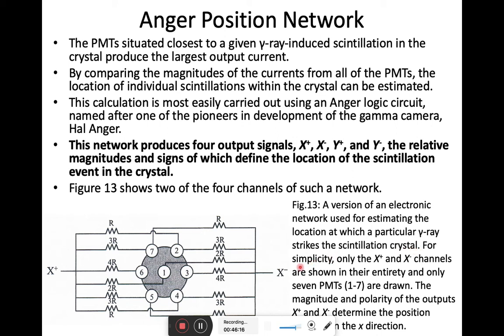For simplicity, only the X plus and X minus channels are shown in their entirety, and only 7 PMTs, 1 to 7, are drawn. The magnitude and polarity of the outputs X plus and X minus determine the position. I cannot read this; I hope that you can see it and read it by yourself.